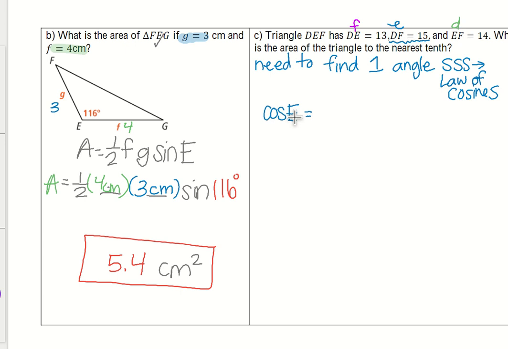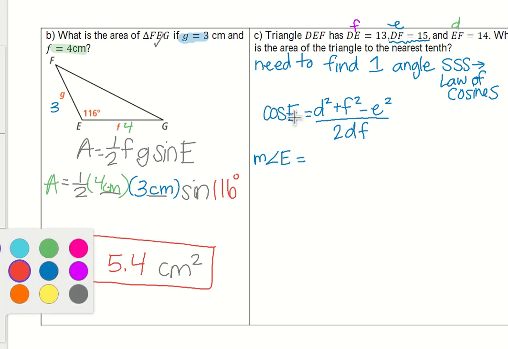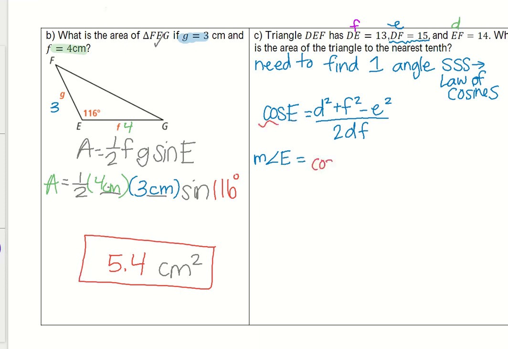So remember that the law of cosines tells us that cosine of E would be d squared plus f squared minus e squared all over 2 times d times f. So that means that the measure of angle E would be inverse cosine of those things.